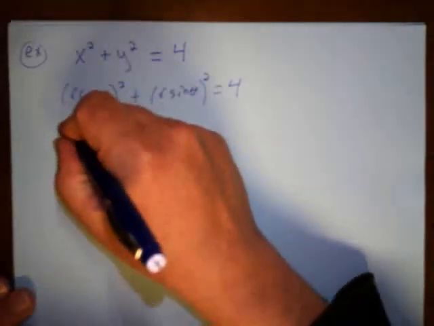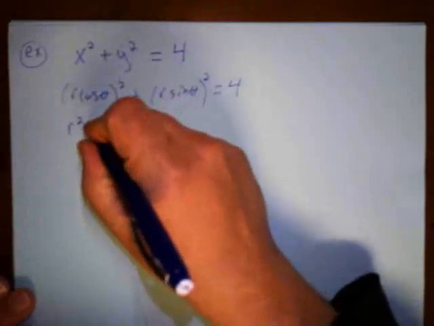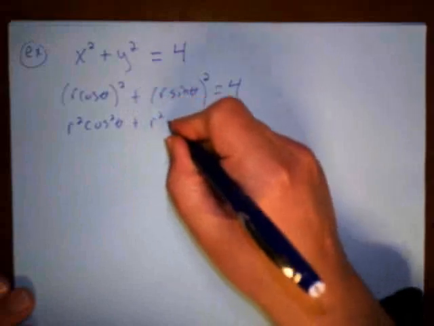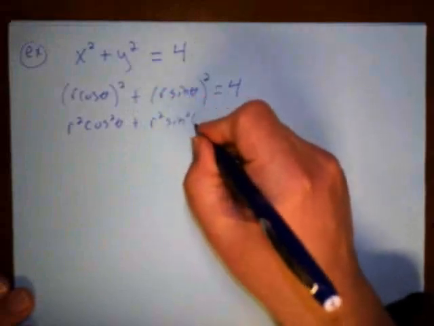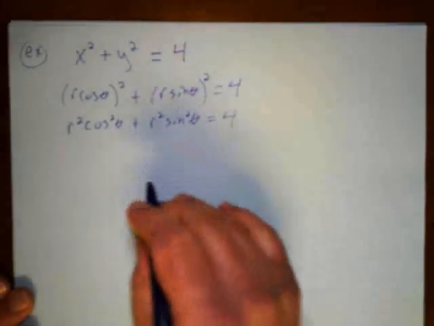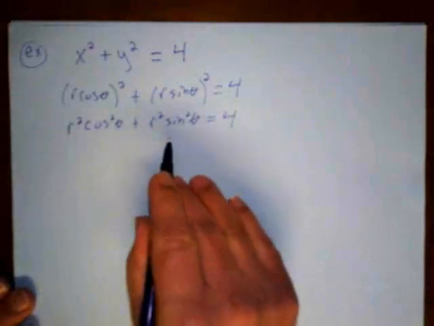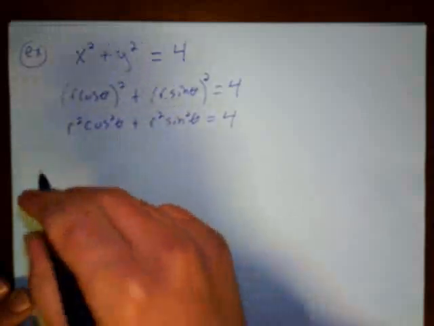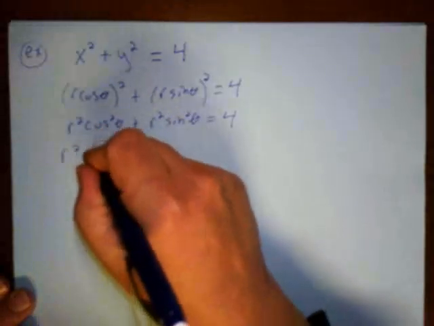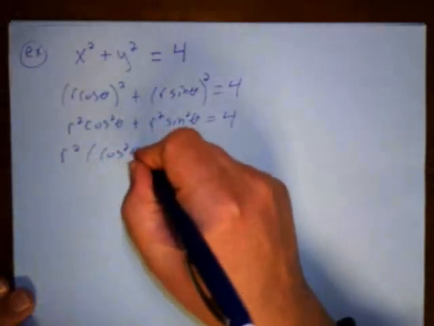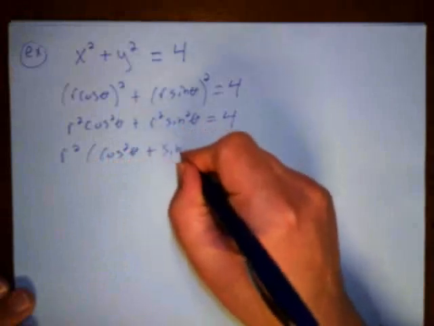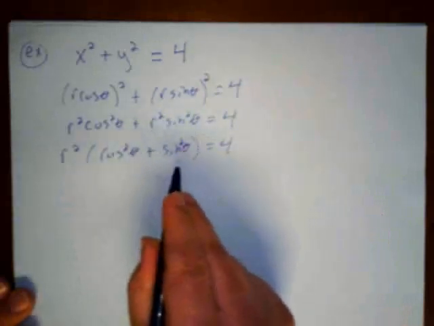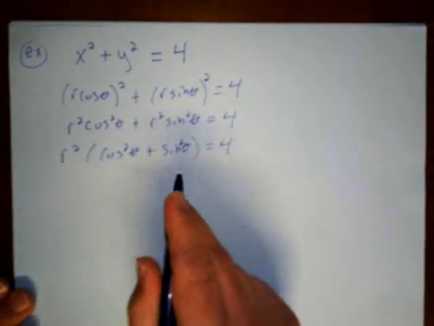Now, what I can do here is I can square each of these like that. And now I can factor the r squared out, and I'm just left with cosine squared plus sine squared theta, and the Pythagorean identity would make that 1, right?